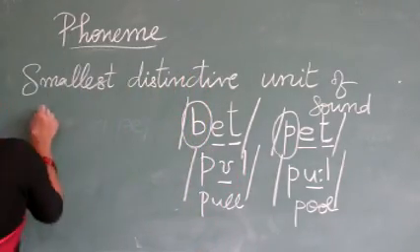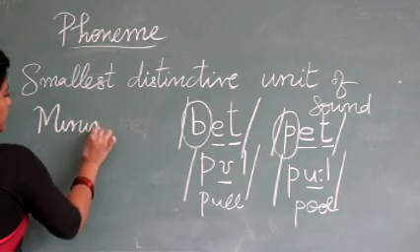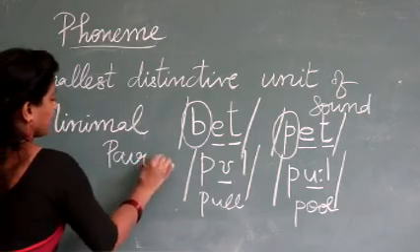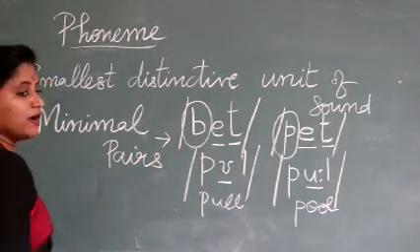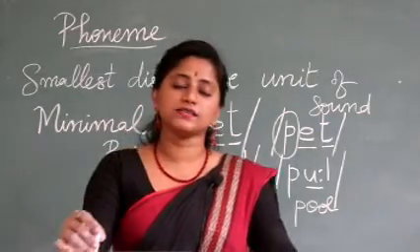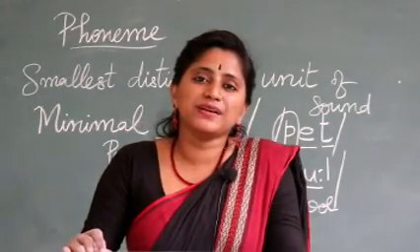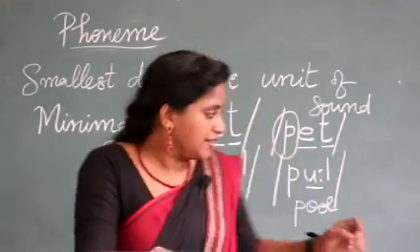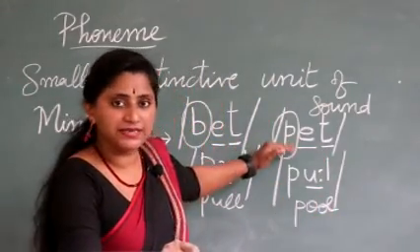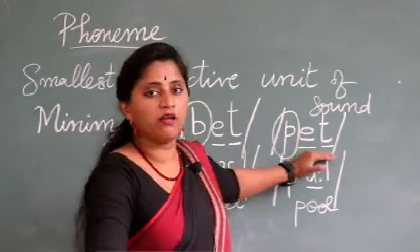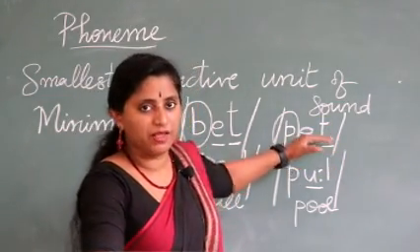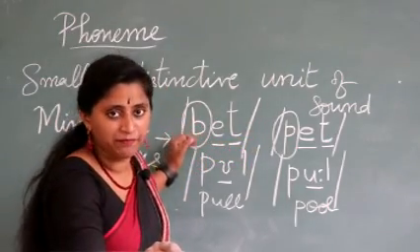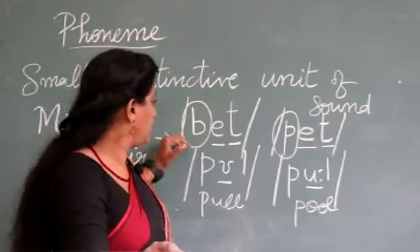ഓക്കെ, വാട്ട് ഈസ് ഇറ്റ്? Minimal pairs. Why are they called minimal pairs? Because there is only a minimum, a slight difference between these two words. In the case of bet and pet, the rest or the remaining sounds are the same. Only one slight difference is made to only one particular phoneme or one particular consonant sound in the first case.